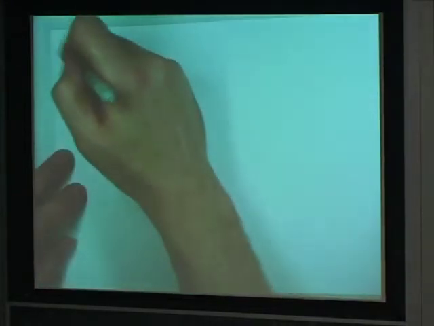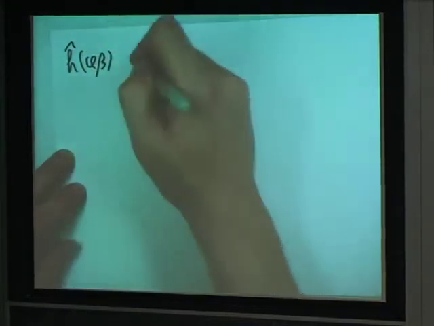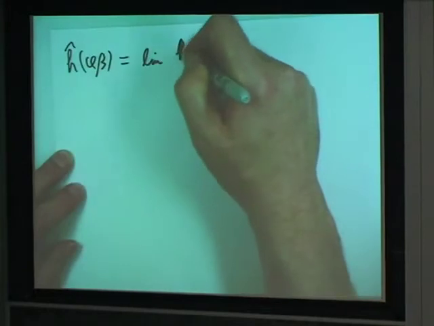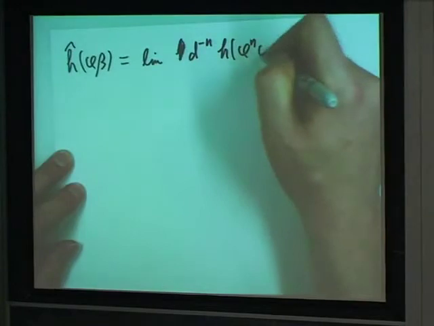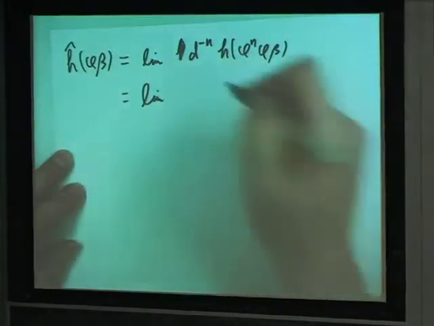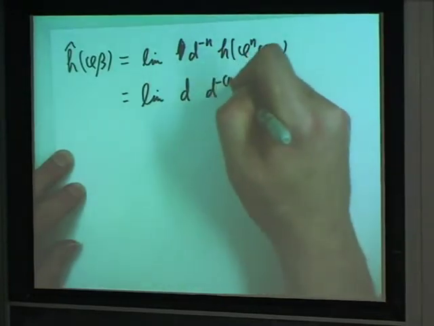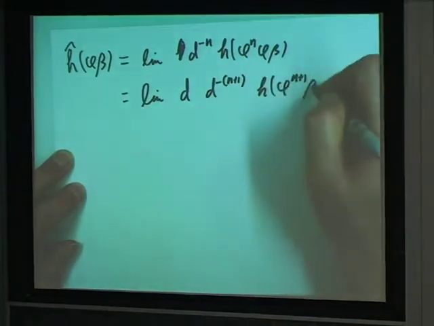Part B is actually completely trivial. The canonical height of phi of beta is the limit of d to the minus n times the height of phi to the n of phi of beta, which is the limit of d times d to the minus n plus 1 times the height of phi to the n plus 1 beta.